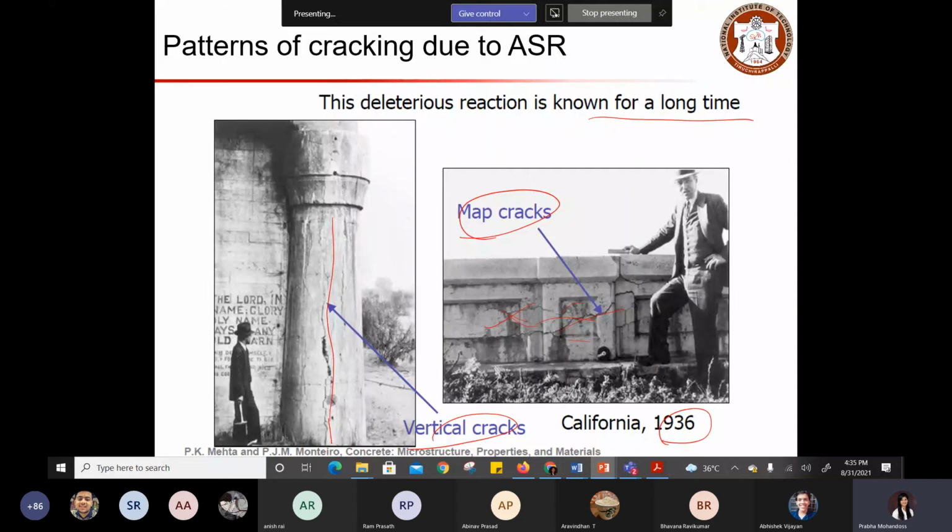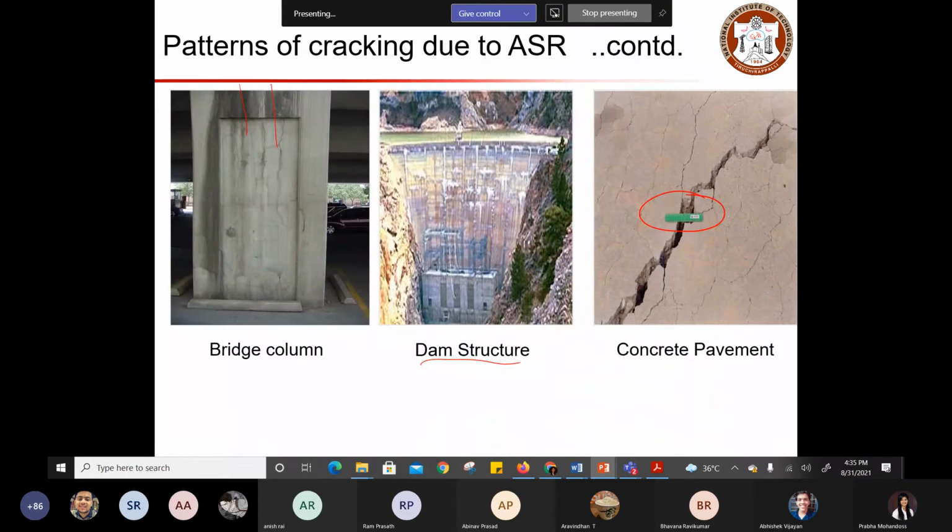So these are some indications or patterns to identify that the crack could be due to ASR. It will not be a single crack, you will have multiple cracks showing in a structure. In a bridge column, you can see vertical cracks, and at the same time it got spread in this way as well.